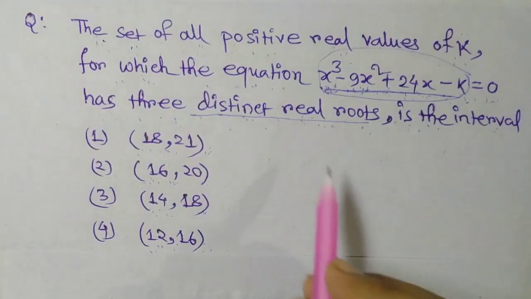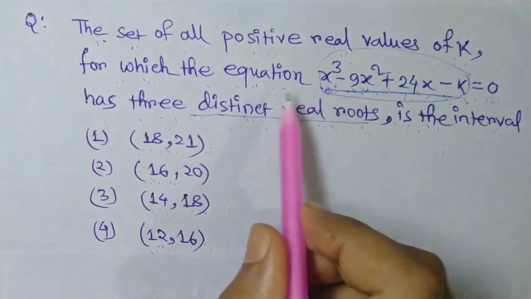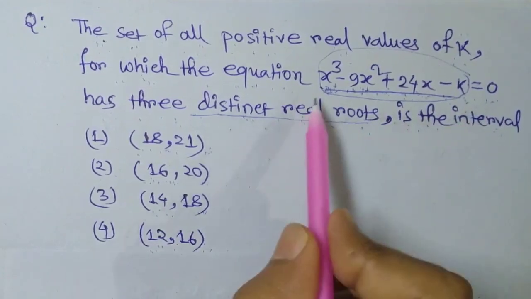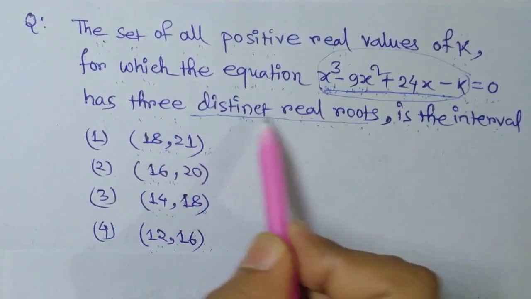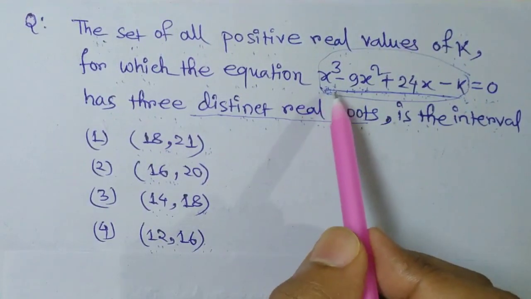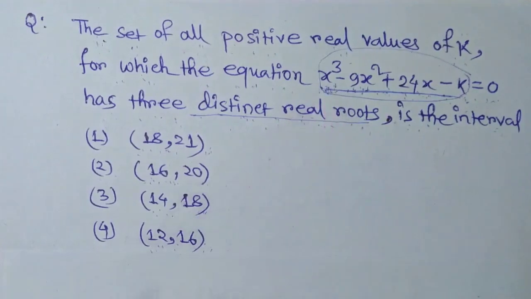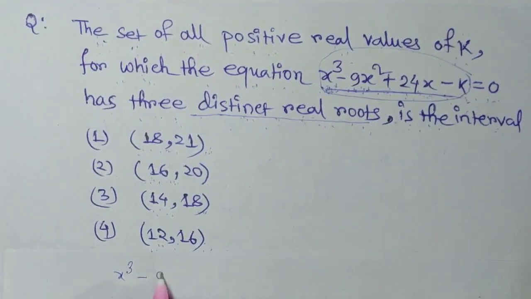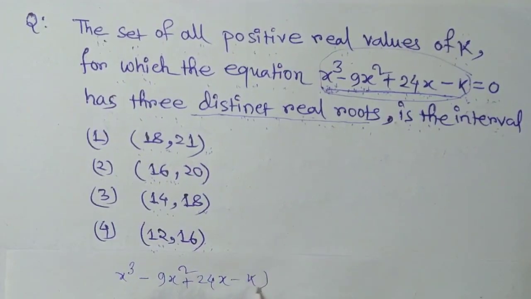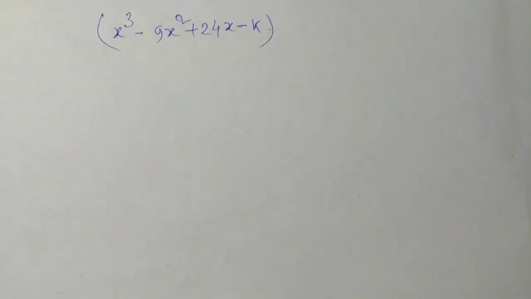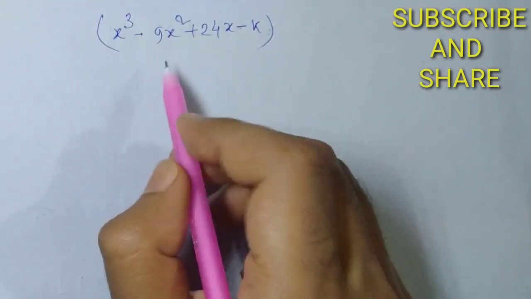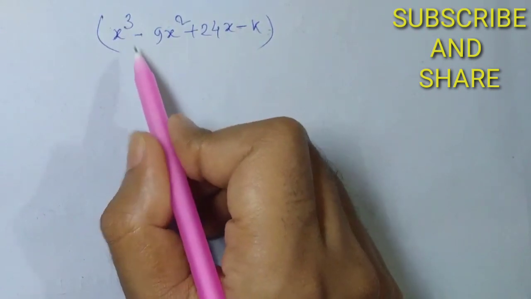Now notice that in this problem, a cubic equation is given, and also given that this equation has three distinct real roots. So we can imagine the graph of this polynomial x cube minus 9x square plus 24x minus k. We will sketch a rough idea of the graph.